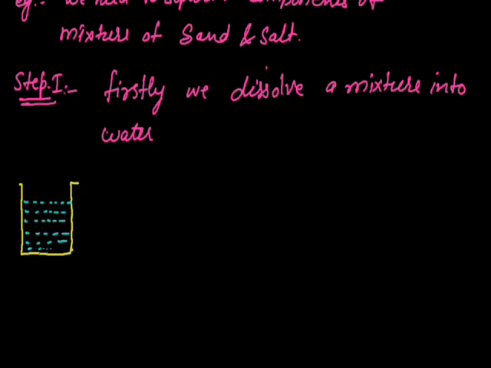Now we take another beaker which contains a mixture of salt and sand. Suppose these are the crystals of salt, and these are the particles of sand. In this representation, the brown particles are of sand and the white particles are of salt.